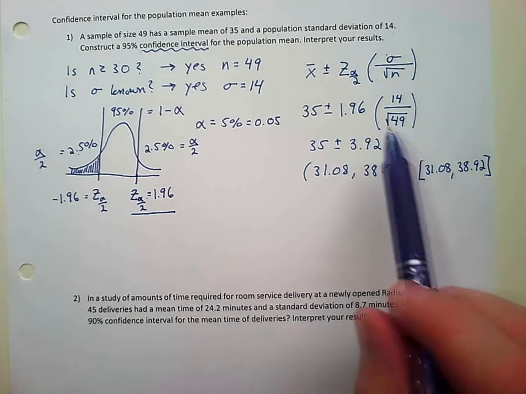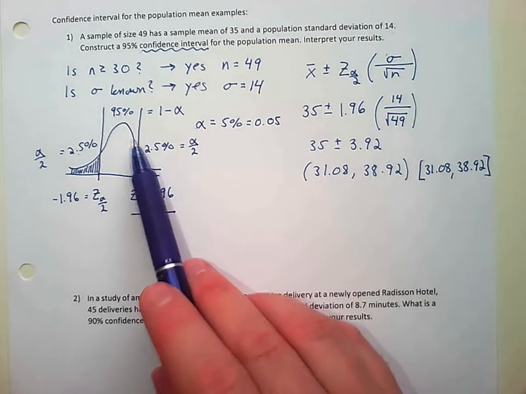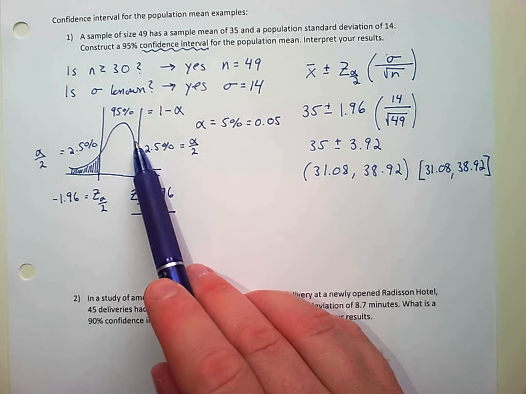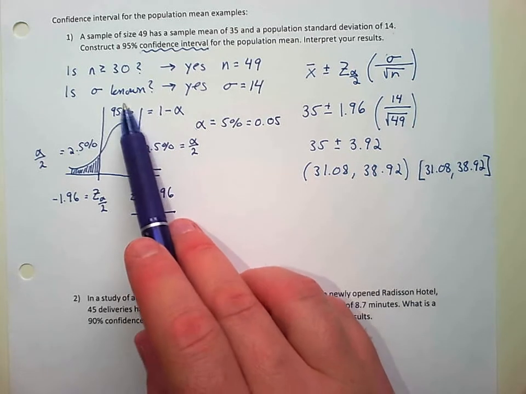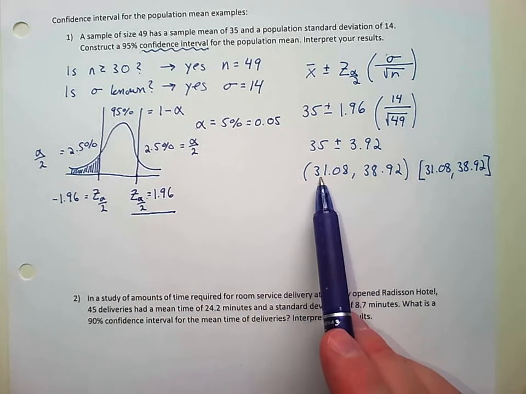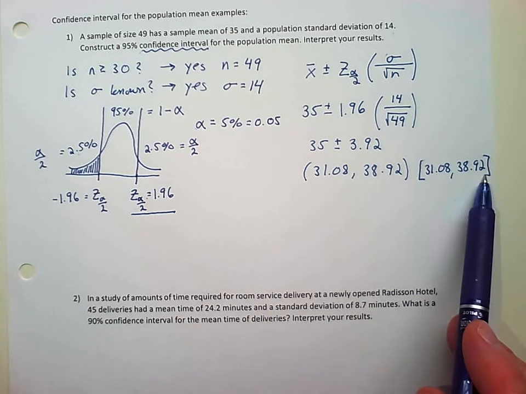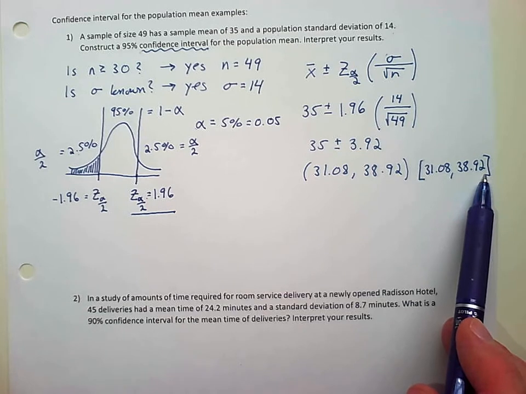Because keep in mind that we're dealing with z values, a continuous random variable for the standard normal distribution, and we're looking at a probability of 95%. By leaving away 31.08 and 38.92, we're only leaving away one individual value of a continuous random variable, which has a probability of exactly 0%.